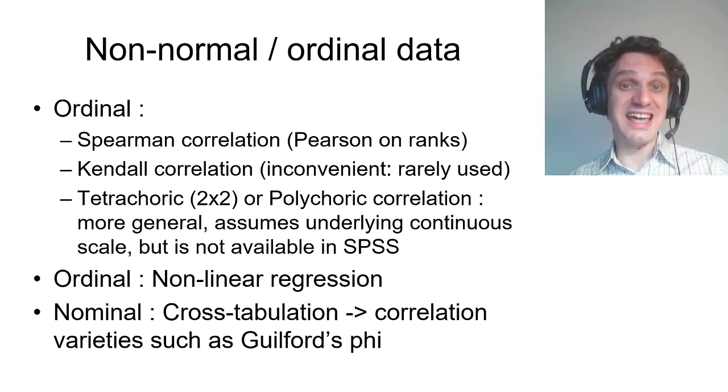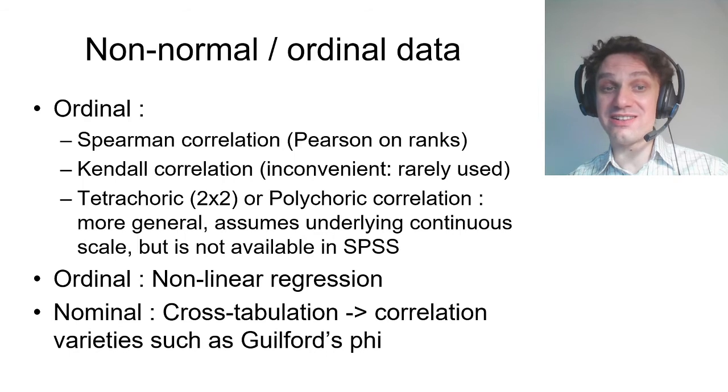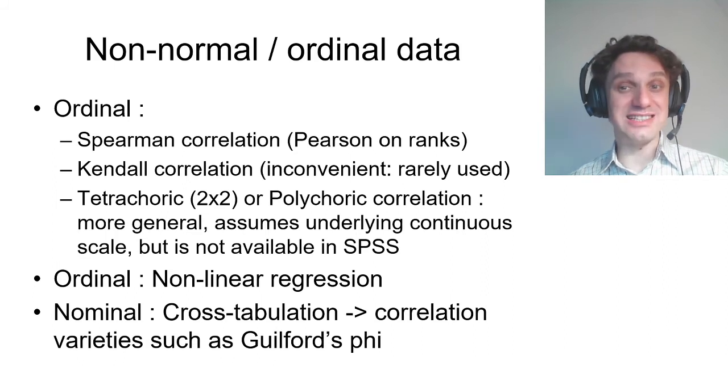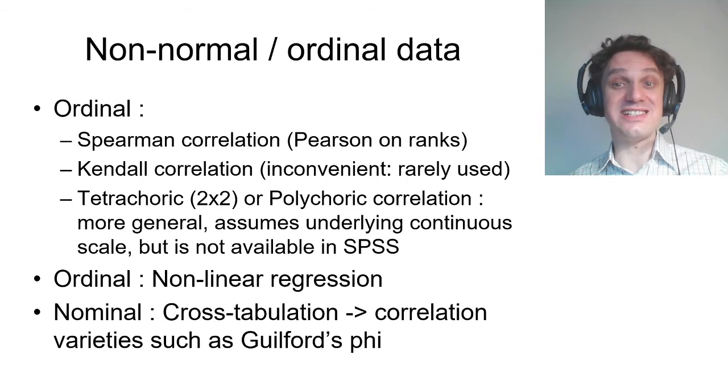And for special cases, there are also tetrachoric or polychoric correlations. They are basically generalizations of Spearman correlation, but they assume that the scale underlying the variable is continuous.